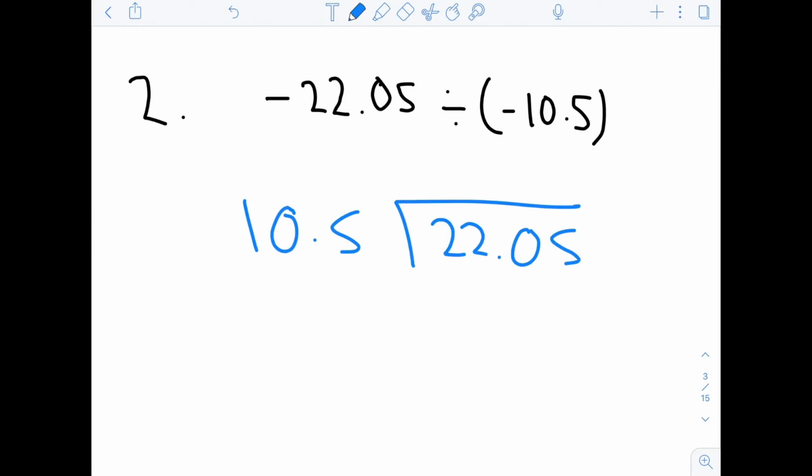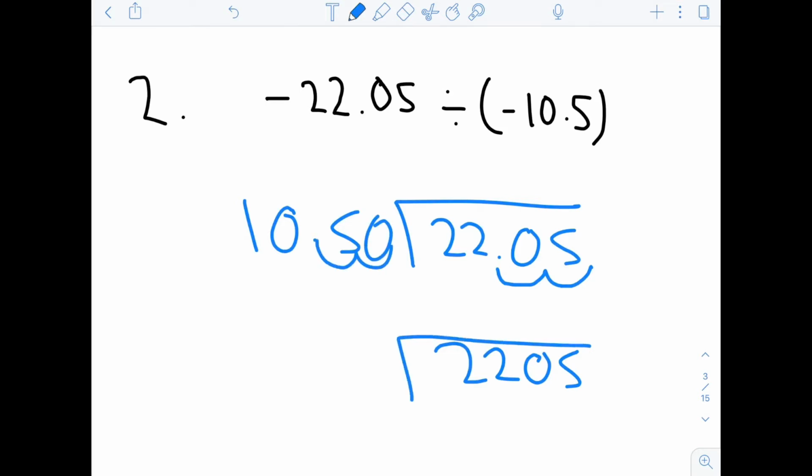We have to make them whole numbers. So to make this a whole number, we could move the decimal point 2 to the right and get 2205. But what we do to one number, we have to do to the other number. So we have to also move this 2 to the right. So this is just 10.50. So if we move it 2 to the right, then we get 1050.